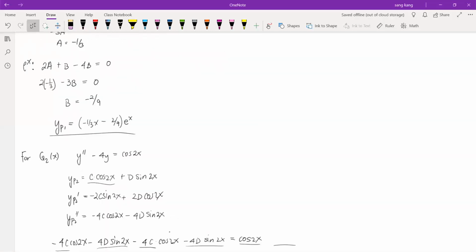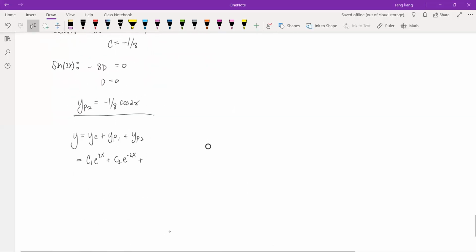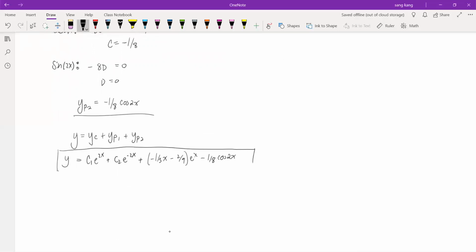That guy there, minus 1/3 x minus 2/9 e to the x, and minus 1/8 cosine 2x, right? So this should be my general solution, right? Any questions on that one? That one was pretty long.